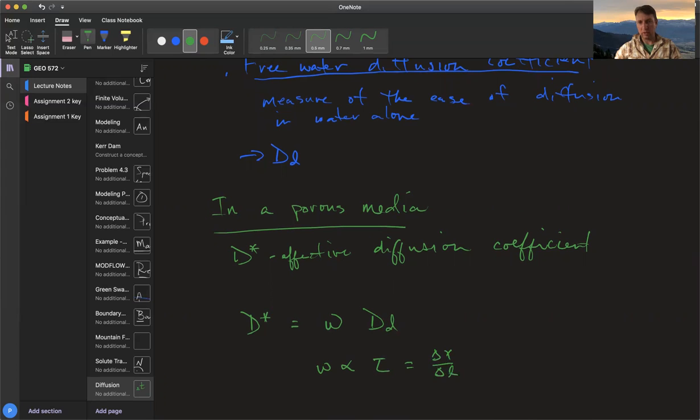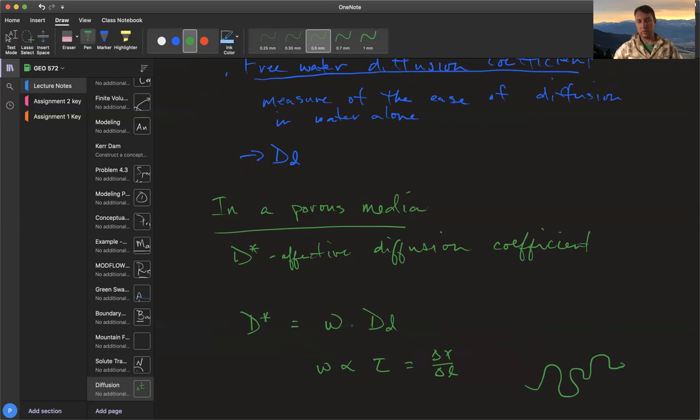All right, so delta L is our travel length, delta x is the straight line length, and tortuosity is sort of the measurement of the difference between the two. The more the path has to move crazily around particles, delta L gets really long, delta X gets really short, so my tortuosity gets lower and lower.